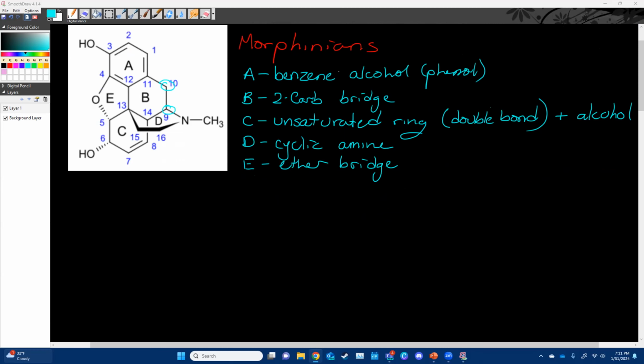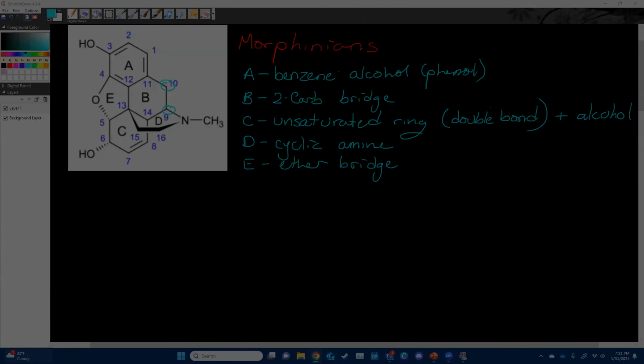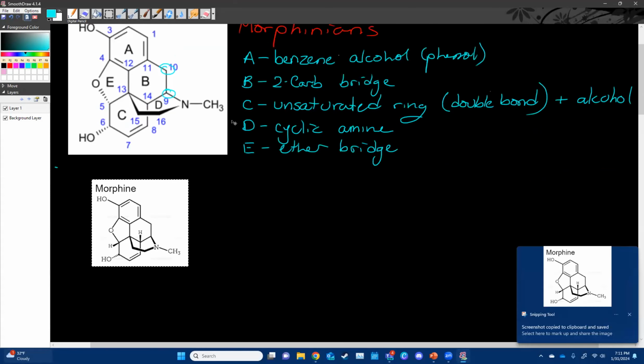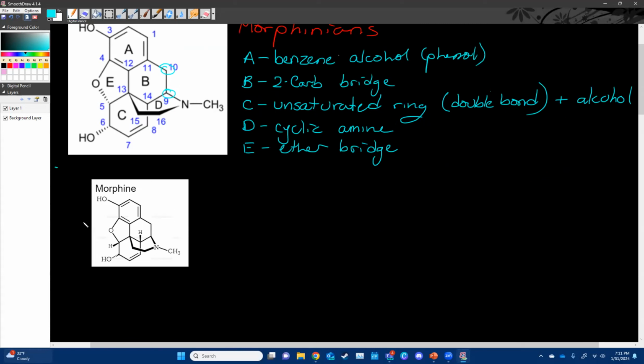The first one that we're going to look at is morphine. Morphine is our quintessential morphinian. 5 rings, phenolic OH, tertiary amine, and then we have this alcohol on carbon 6. So we have our C3 phenolic alcohol.